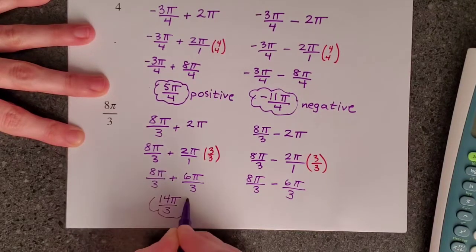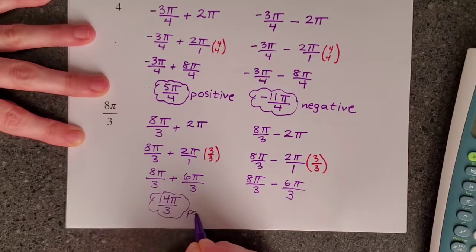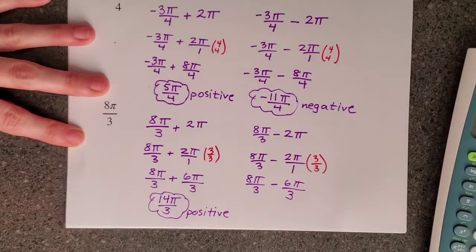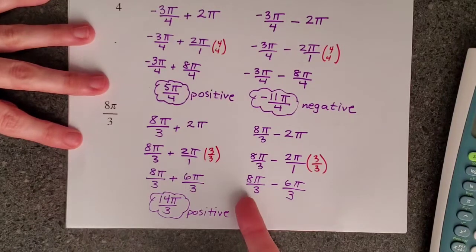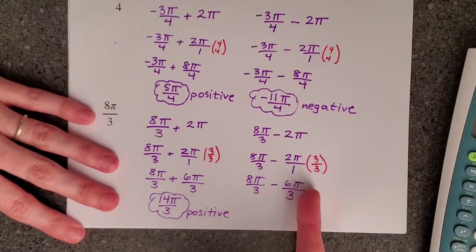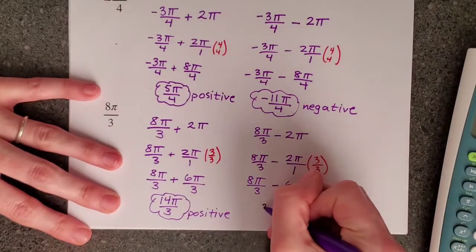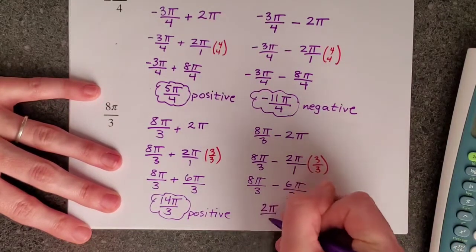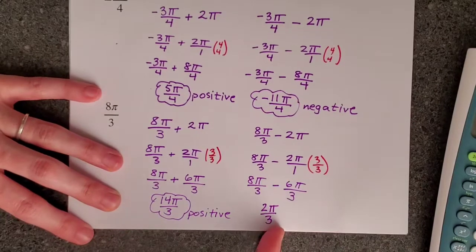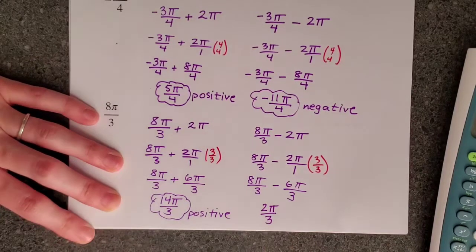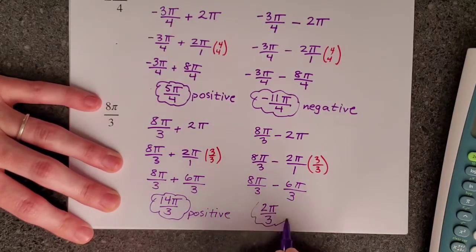It's a great positive answer. All right, then over here I have 8 pi over 3 minus 6 pi over 3, so I went around in the other direction. But that is positive 2 pi over 3. So that is a coterminal angle. That's great.